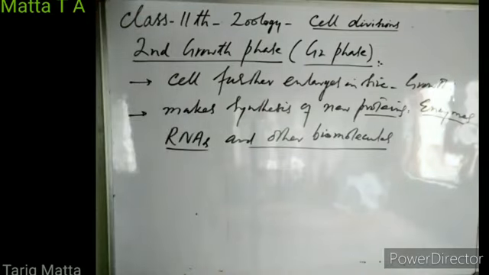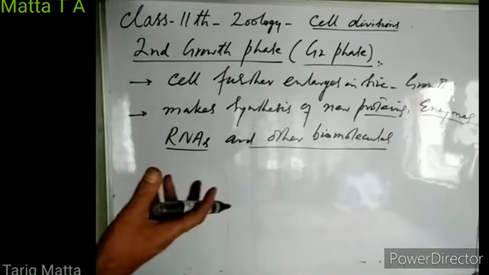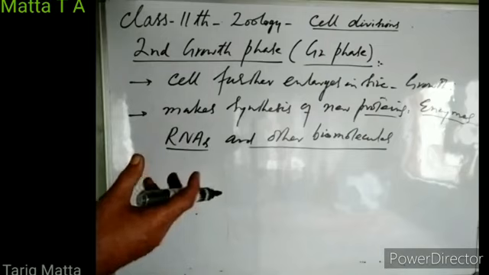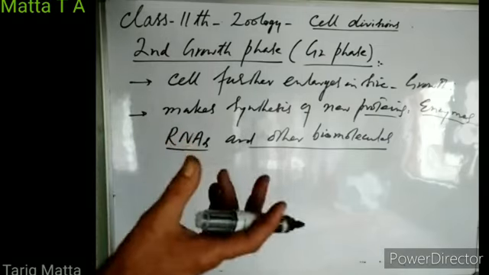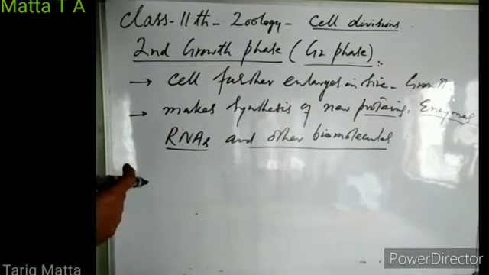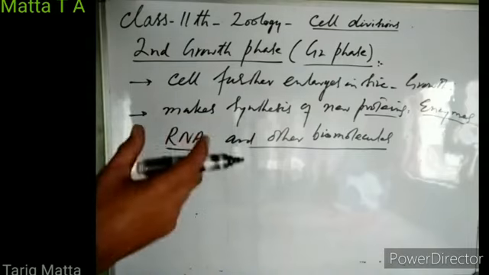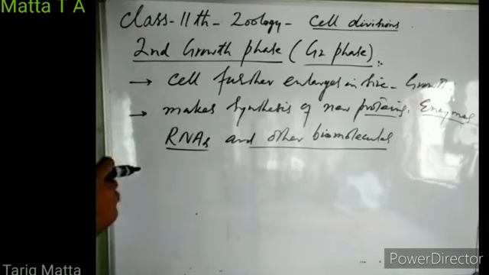It has all the biomolecules which will be required in this mitotic or meiotic phase. So simply we say the cell further grows in size, and it carries out synthesis of new cytoplasm and all the materials which are required for going into this M phase or mitotic phase or meiotic phase. So all those materials must be ready with the cell, right?